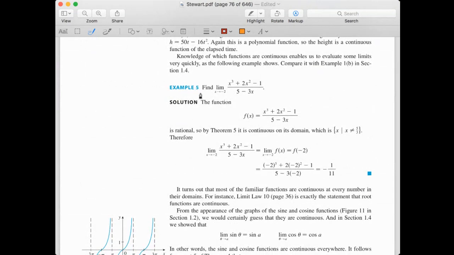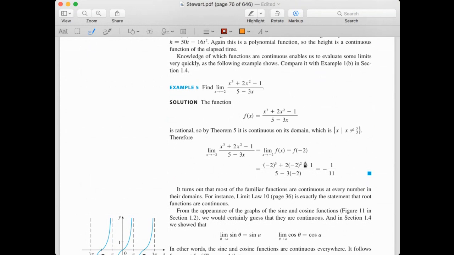Let's see this one, example 5. Find the limit as x approaches -2 for this rational function. Well, let's see. If we plug in x equals -2, does that cause the denominator to be 0? -3 times -2, that's +6. 5 plus 6, that's not 0. So we can just go ahead and evaluate.